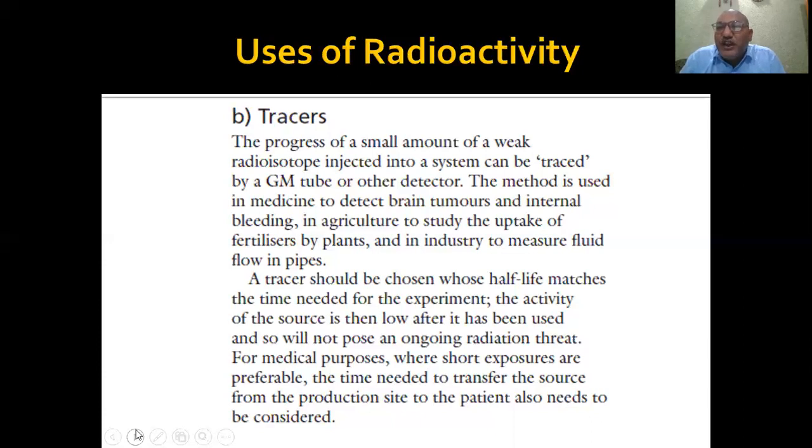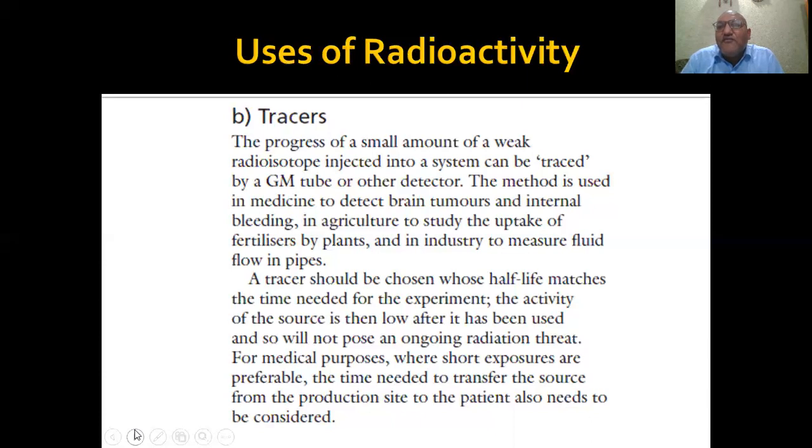The patient should be radioactive only for the time he is in the hospital under the observation of the doctor. So the half-life of that radioactive isotope should be long enough that the doctors can do their diagnosis and their observations, but it should not be very, very long, such that the patient might be radioactive for, let's say, a week.